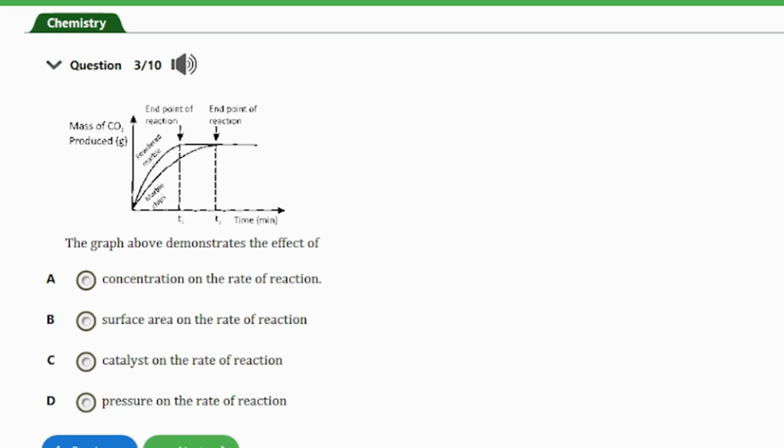The first reaction is that of powdered marble, and the second one is that of marble chips. You'll notice that the powdered marble has a higher rate of reaction since it has a larger surface area compared to that of the marble chip. So guys, this illustration is actually showing the effect of surface area on the rate of reaction. So that's option B.